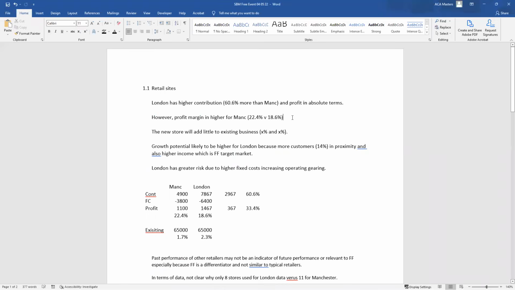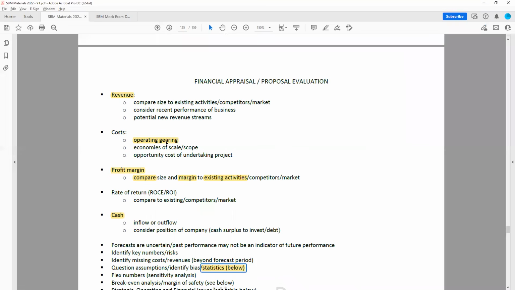So we could just put here operating profit as a percentage of contribution. So we could put that there. I guess strictly speaking, it isn't a profit margin because we haven't used revenue there. But again, I've used the information as much as we can in the answer.